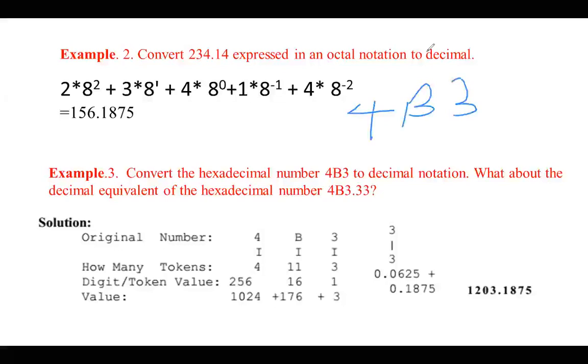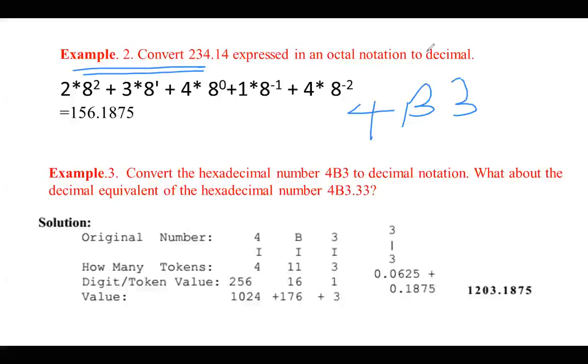Already it is told that it is a hexa. So how will you convert it into decimal? The simplest way is you can write the binary notation and then convert it into decimal value. Or else you can also use the method followed in example 2.